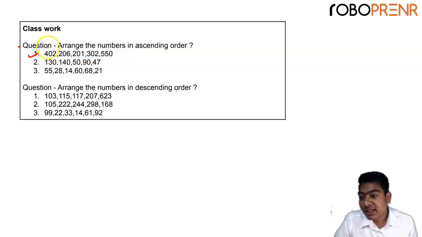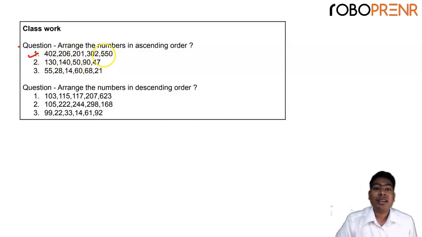The leftmost digit here is 4, here 2, here 2, here 3 and here 5. Which is the greatest leftmost digit? 550, so the largest number will be 550 itself. And now which is the smallest leftmost digit? The smallest leftmost digit is 2 in 206 and 2 in 201.